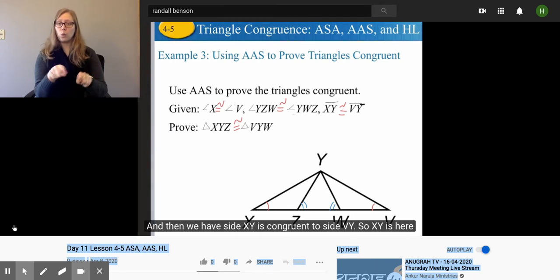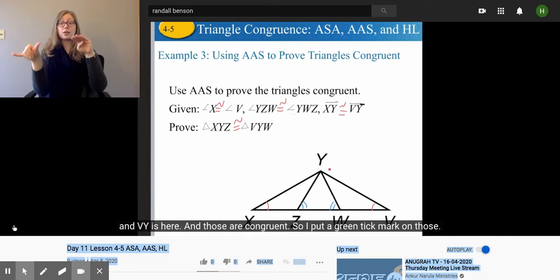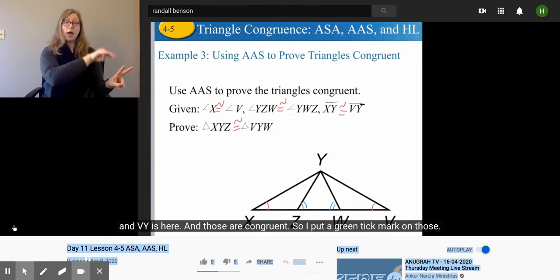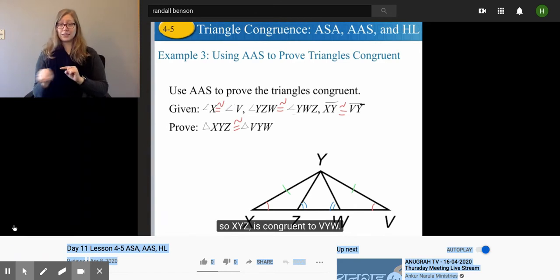And then we have side XY is congruent to side VY. So XY is here and VY is here, and those are congruent. So I put a green tick mark on those. And I want to show that the triangle XYZ is congruent to VYW.